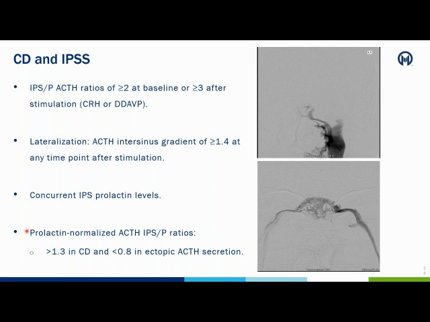So then that would mean that the ACTH levels could be trustworthy, as opposed to having technical difficulties or an abnormal venous drainage of the gland, where the ACTH levels may be misleading, in the sense that we could have a false negative result.